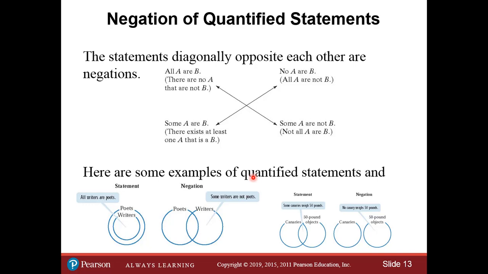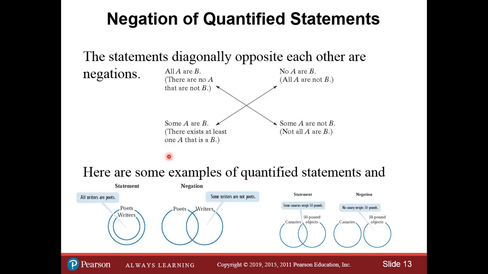Now, to understand the negation of a quantified statement, we have to understand the difference between a universal quantifier and an existential quantifier. Existential meaning existence, right? Anything that has some or there exists at least one are existential quantifiers. It's a question about existence.